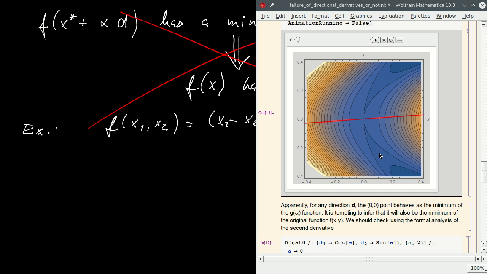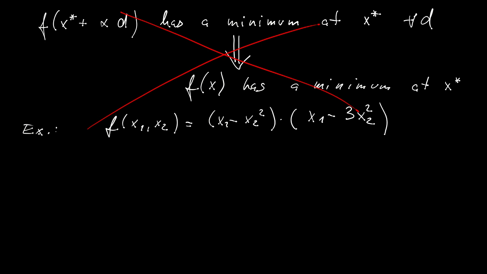Clearly, if we were able to perturb the x vector not along a line but along some curve that would go like this, and visualize the corresponding function, then we would clearly see that the function is not minimized along such a curve.